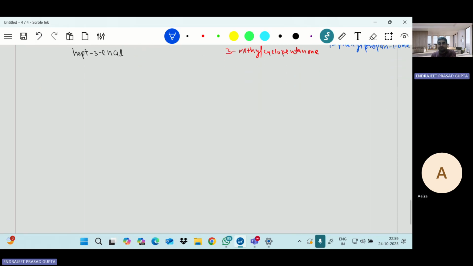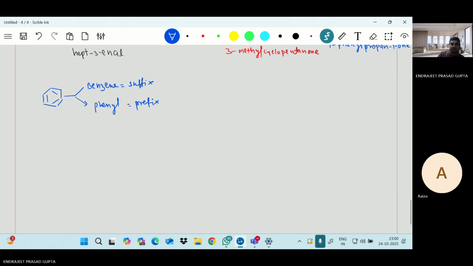We can't write one benzyl. No, don't write benzene. Listen. In the case of benzene, this is benzene, and the word benzene we will use as suffix, and as prefix you have to write phenyl.